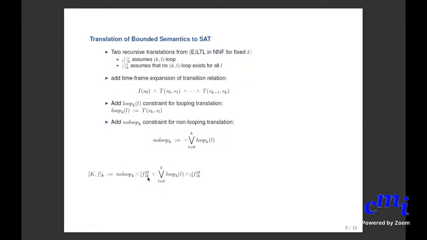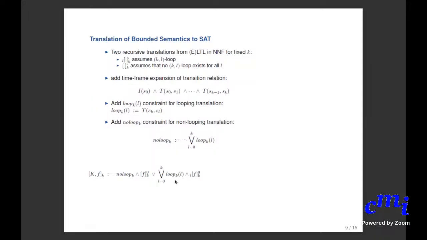So for now, I'm saying this is a representation of F within square brackets 0K, which represents the SAT translation of the LTL formula. Since you have to look at the entire K-long prefix, you start from 0.